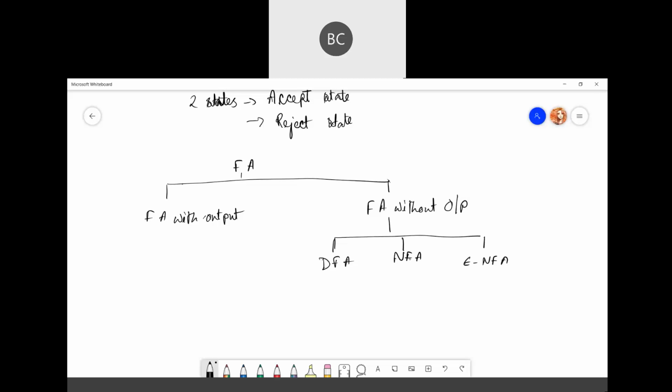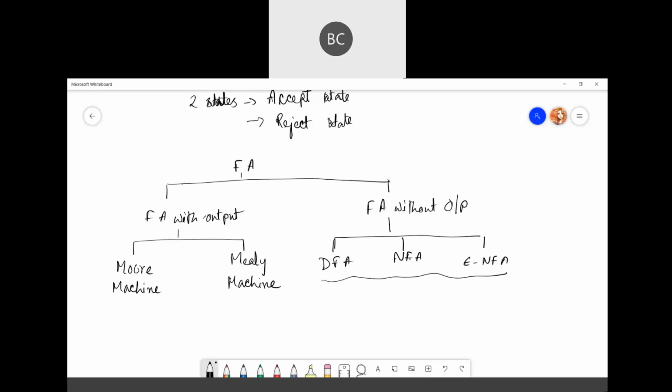In FA with output, there is the Moore machine and the Mealy machine.